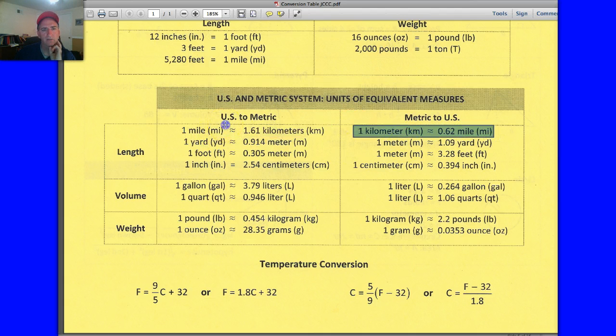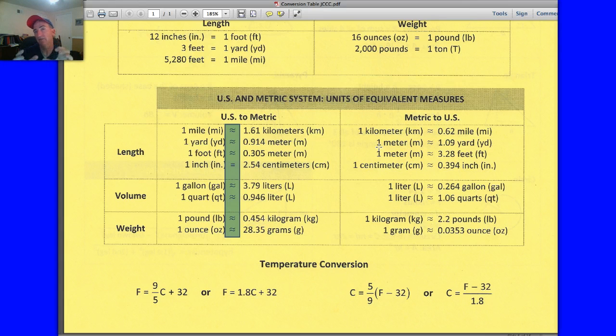Also notice that all of the values have this wavy sign. With that exception right there, the wavy sign basically means approximately. The reason is that when you try to match up metric to US equivalents, they never really match perfectly.